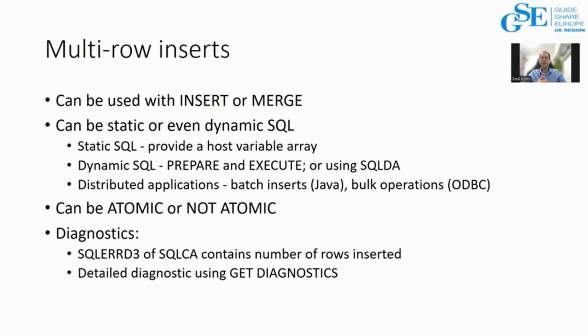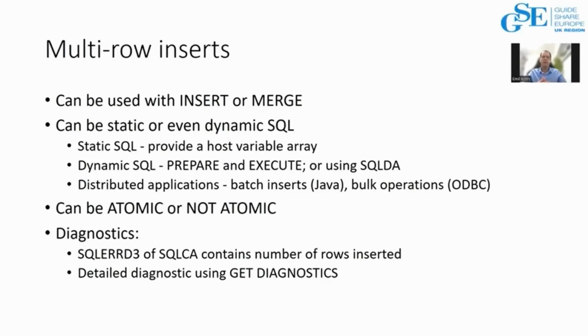For distributed applications, you can use batch inserts in Java or bulk operations in ODBC. We'll have an example about Java, but personally, I did my experiments in traditional applications. In my case, it was in C.